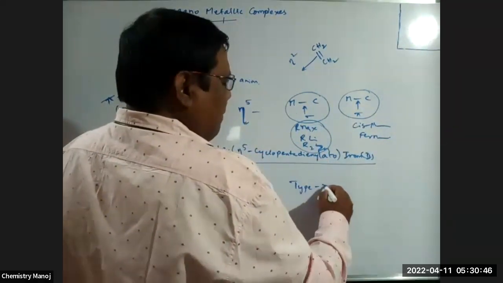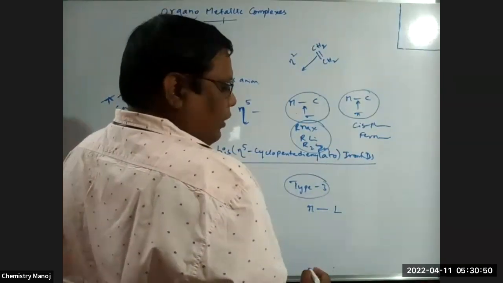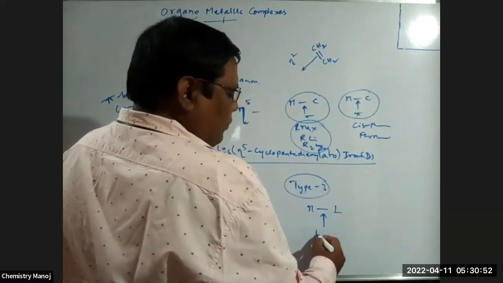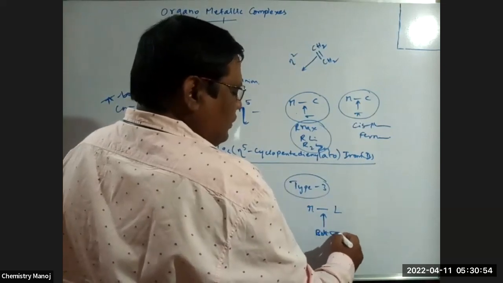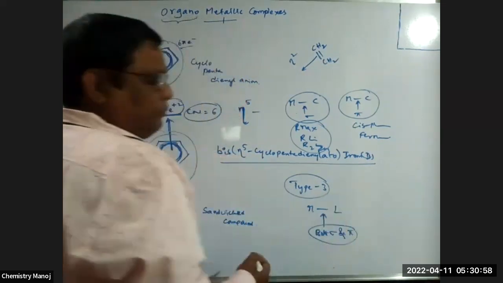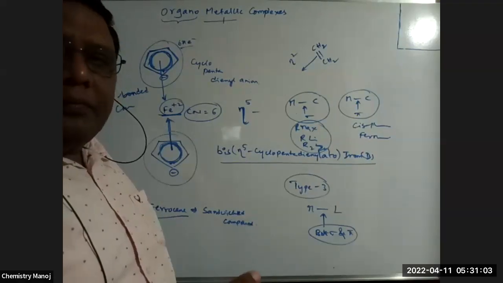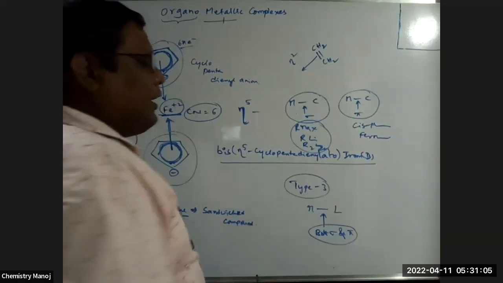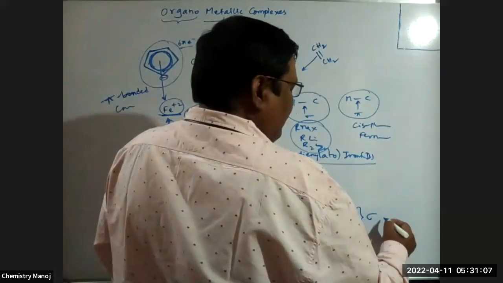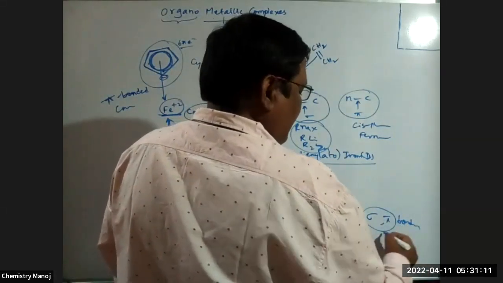That is type 3, my dear. Between metal and ligand, the bond is both sigma and pi. Two bonds are there, both sigma and pi bonds are available. That type of compound is called a sigma pi bonded compound, or sigma pi bonded complex.